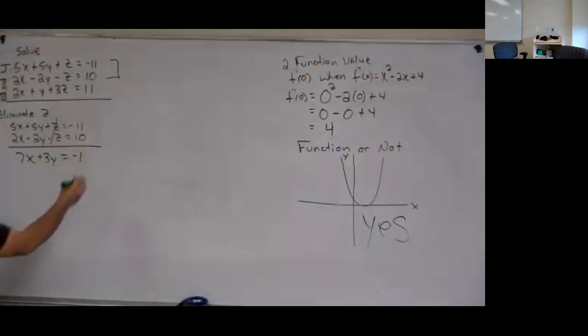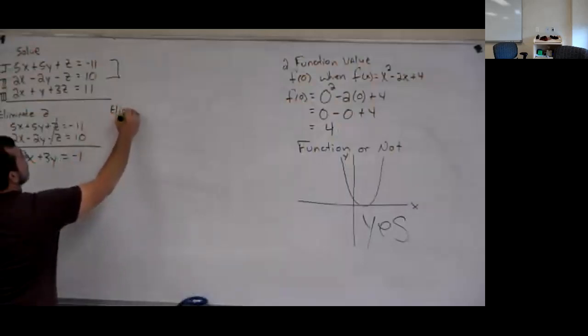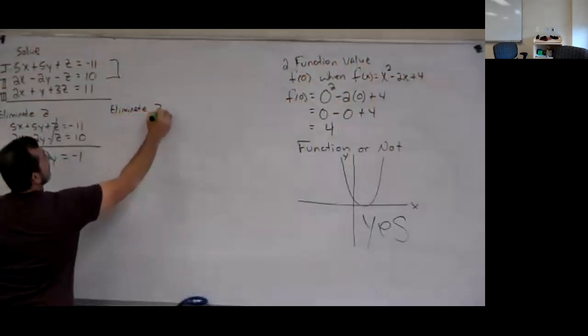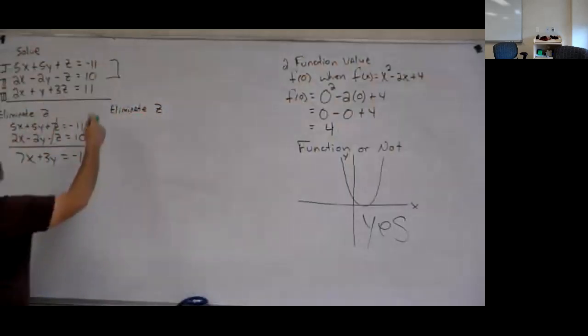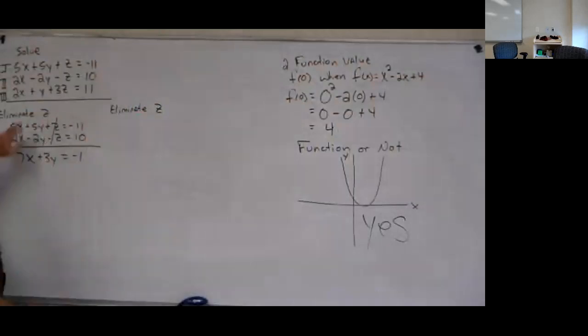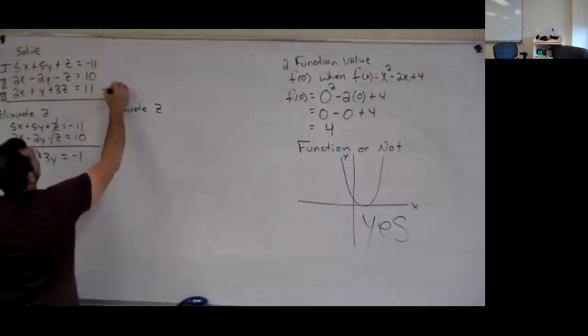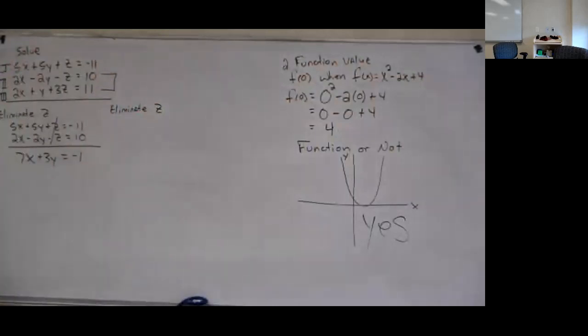So now we still have to eliminate the z once again, but now I have to use row 3 and either of the first 2 rows. So I'm going to use the last 2 equations, but notice 3z and negative z don't cancel. So what we're going to do is multiply the second row by 3. We're going to multiply this whole row by 3 and then add row 3, okay?